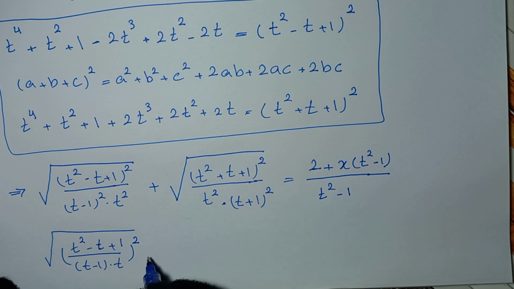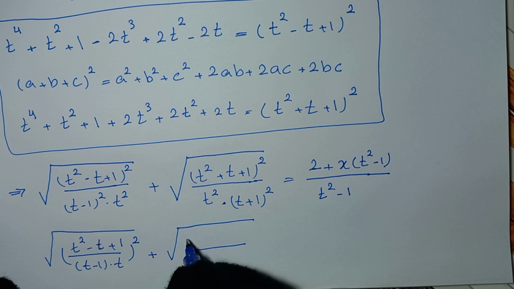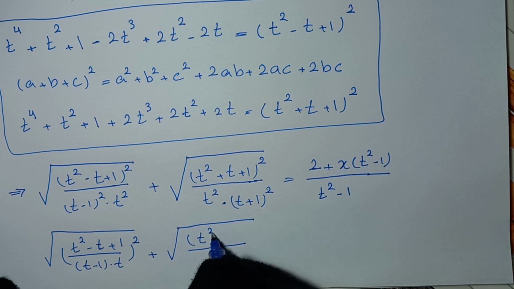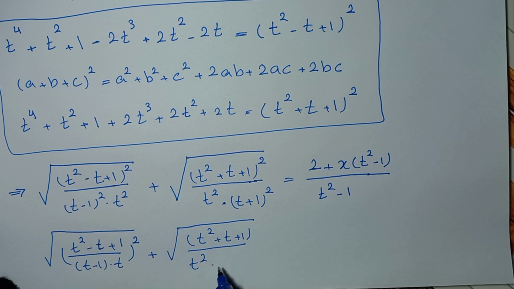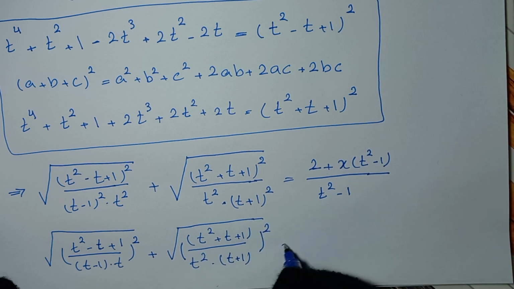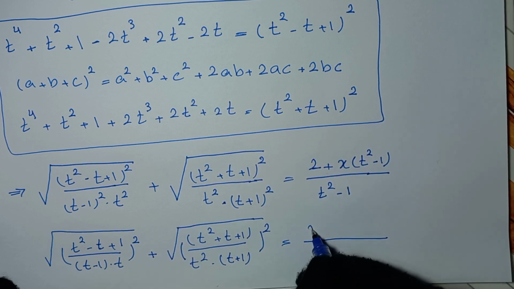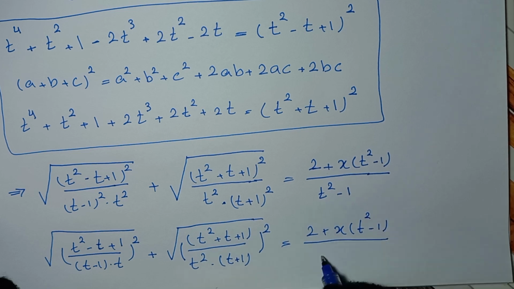Also, for this, the square root of t squared plus t plus 1 over t squared times t plus 1, bracket to the power of 2, is equal to this 2 plus x times t squared minus 1 over t squared minus 1.